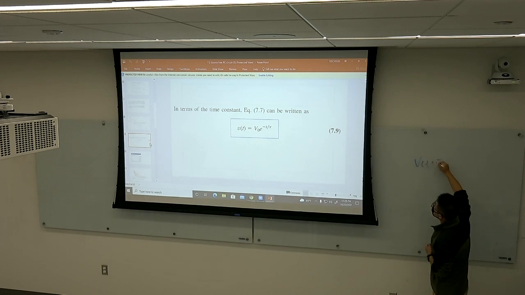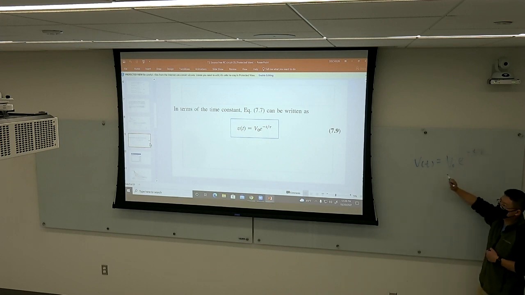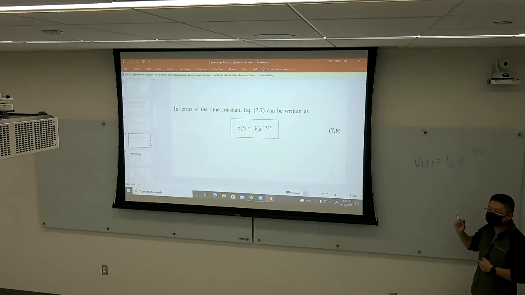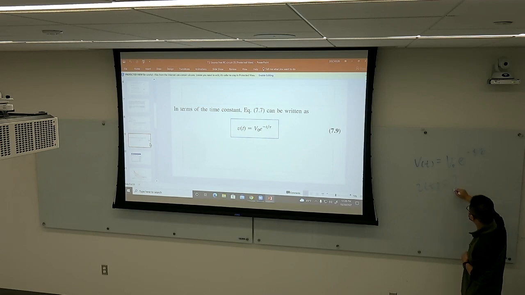For the RC circuit, for the capacitor voltage, we have this equation. Similarly, for the RL circuit, for the inductor current, we have this equation.